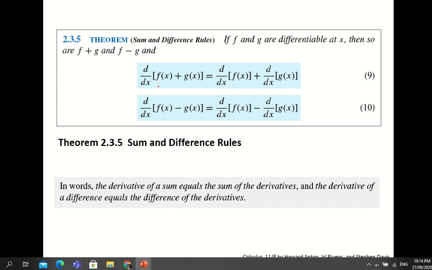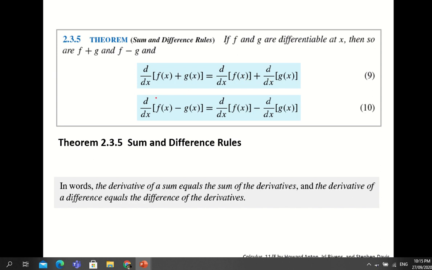In summary, we have here the formula for the sum and difference of the functions. The derivative of the sum of f of x and g of x is equal to the derivative of f of x with respect to x plus the derivative of g of x with respect to x. In other words, class, if you have the sum of functions, when you take the derivative of the sum, you just take the derivative of each function individually.